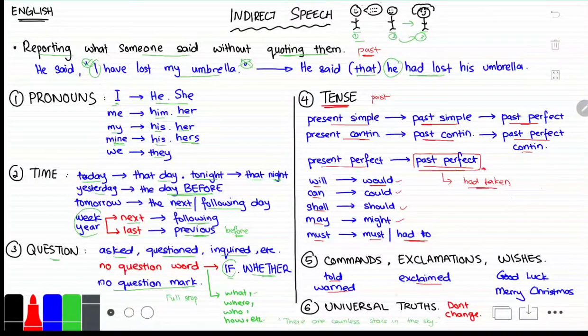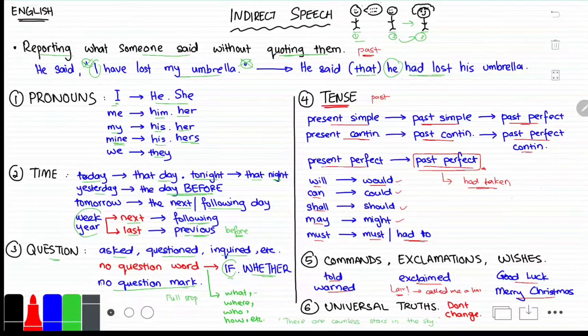How about when somebody calls you a liar? It changes to "he called me a liar." All right? There's also wishes such as "good luck" or "Merry Christmas." It becomes "he wished me good luck" or "he wished me Merry Christmas."